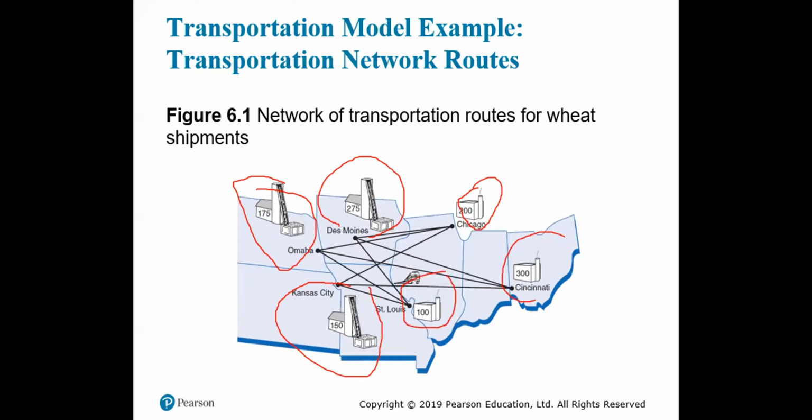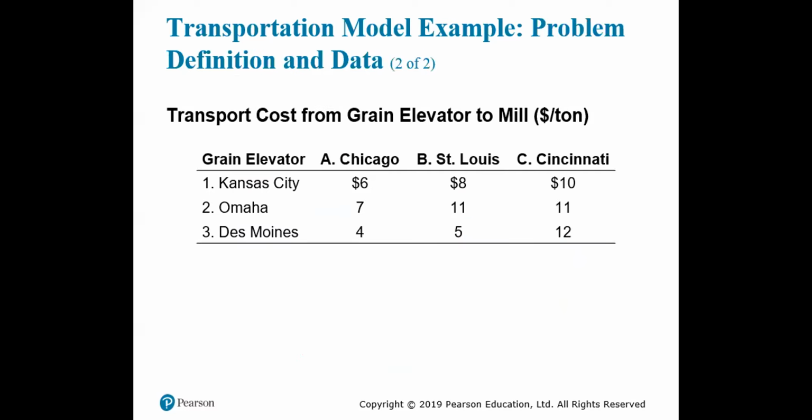Okay. So that's the network of transportation routes that we have to transport the goods. And each route has its cost, and that's what this table is about. This is how much, $6. It will cost you $6 to transport the grain from Kansas to Chicago, and so on and so forth.